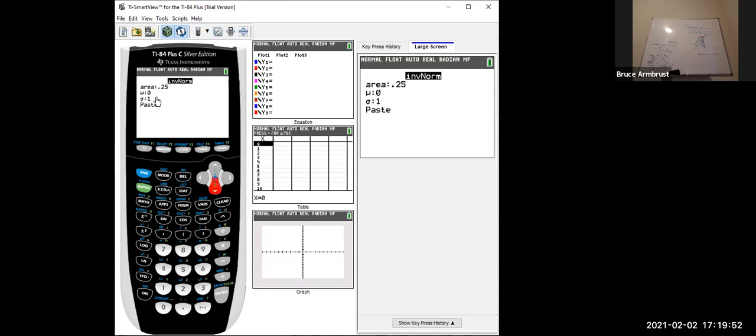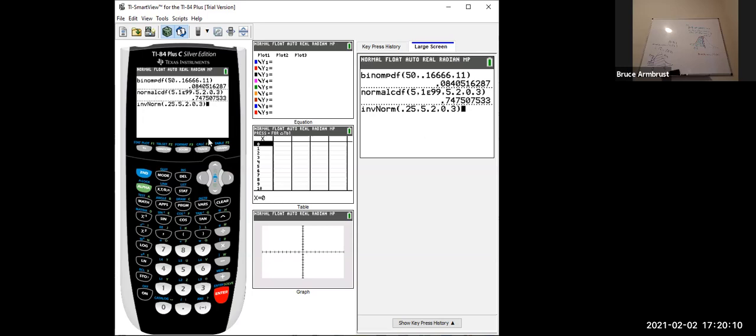Again, it defaults to the standardized 0 and 1, but let's change it to our specific guy, which was 5.2 was our mean, and 0.3 was our standard deviation. Okay, so again, if you look at this, you see inverse norm, 0.25, that's the amount we're looking for.